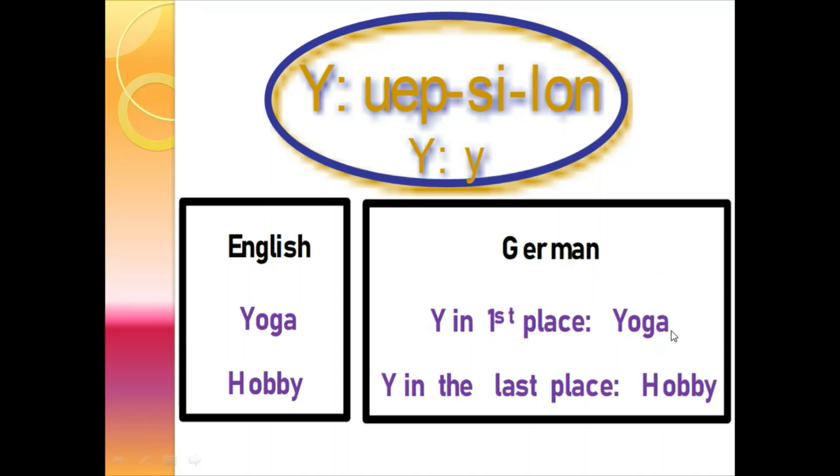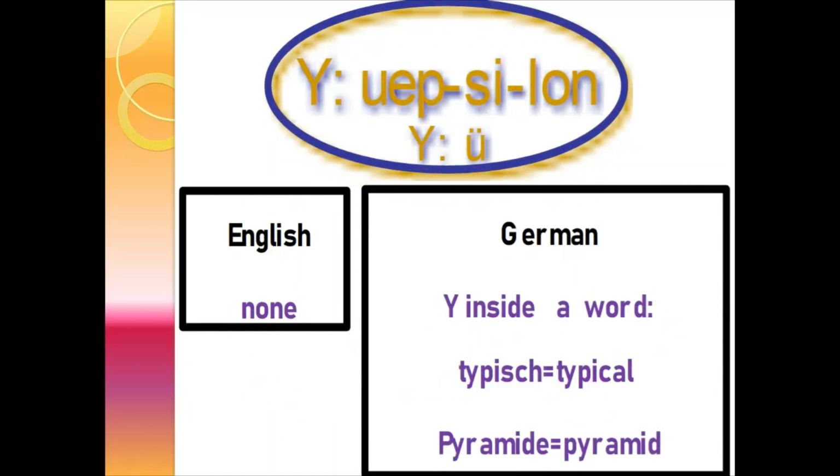Moving on, the second Ypsilon sound of the German alphabet cannot be heard in any English word, but this sound comes inside German words containing this alphabet.